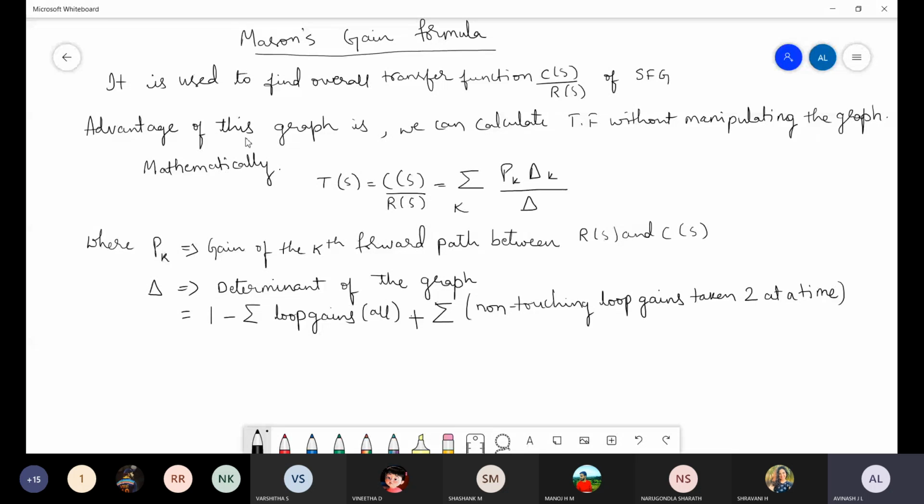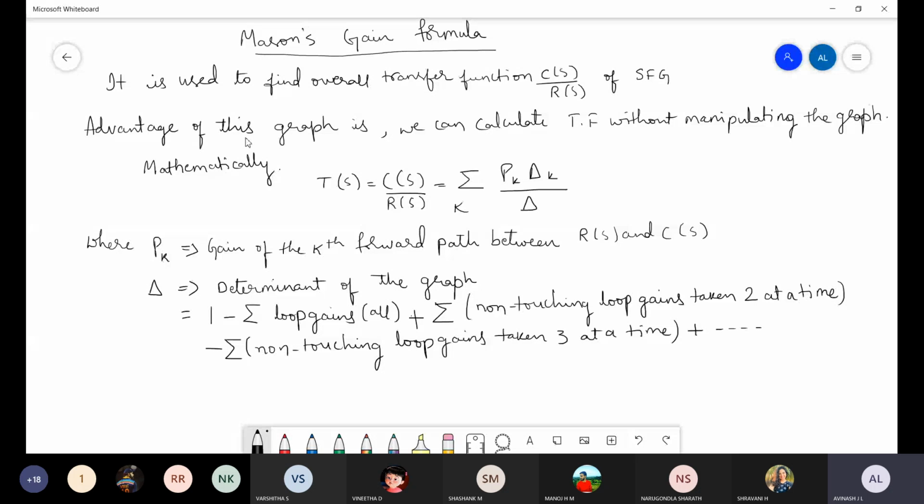Next, the alternate sign is minus, summation of non-touching loop gains taken 3 at a time, plus, etc. Summation of non-touching loops taken 4 at a time, and it keeps on going like that.